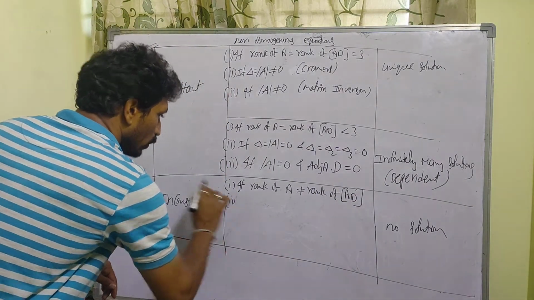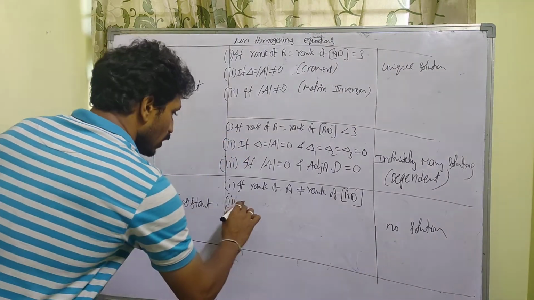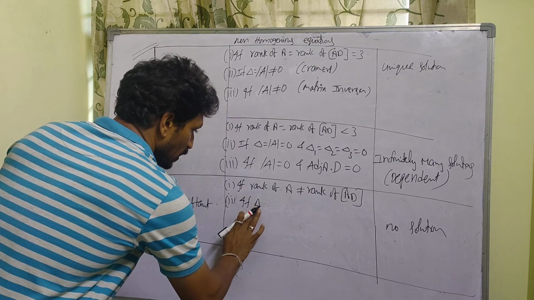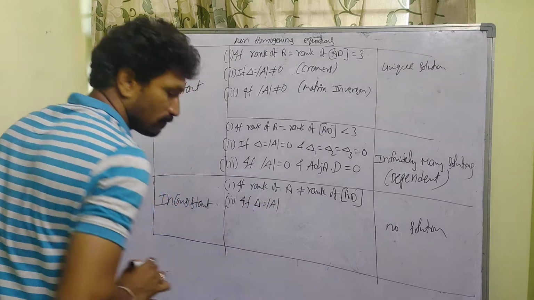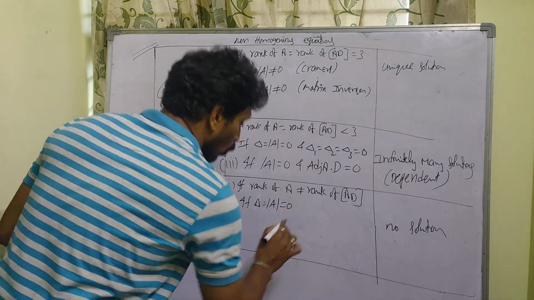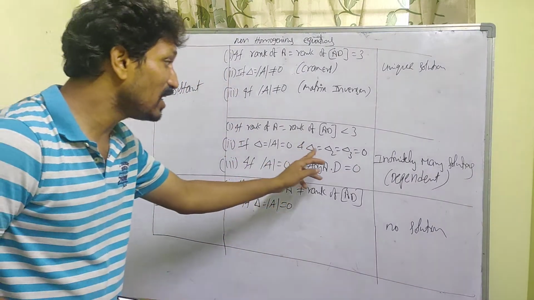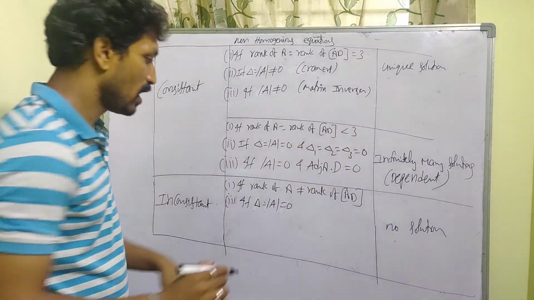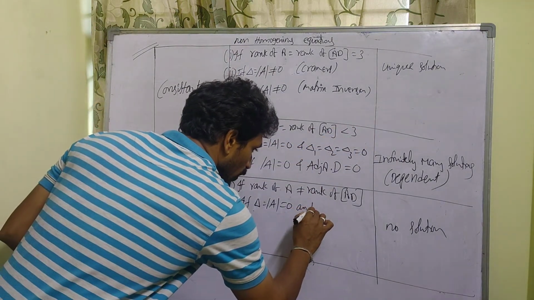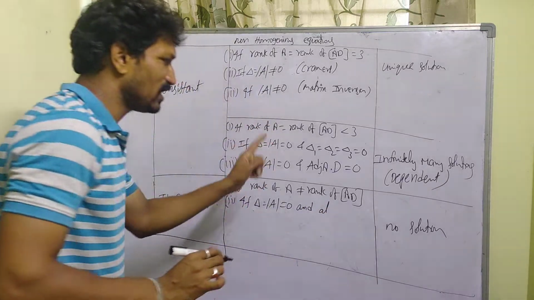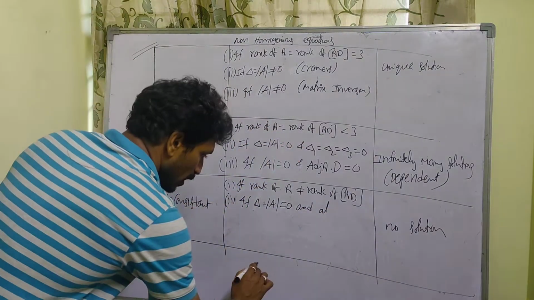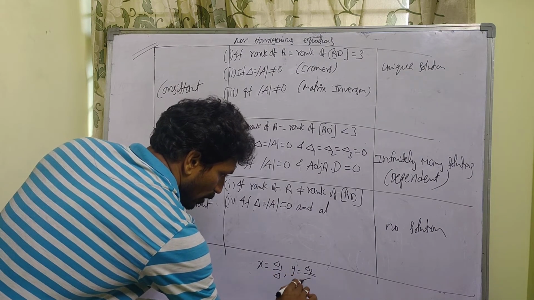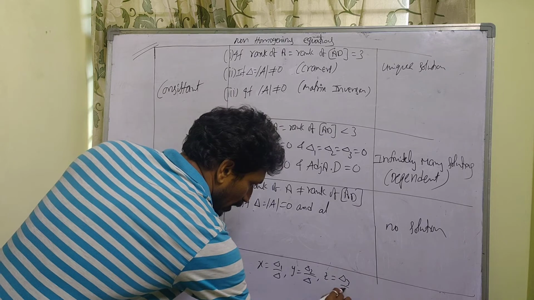Second case, according to Cramer's method, if delta, in the sense determinant of coefficient matrix, is equal to 0, and at least one of delta 1, delta 2, delta 3 is non-zero. Here, to understand, x is equal to delta 1 by delta, y is equal to delta 2 by delta, z is equal to delta 3 by delta.